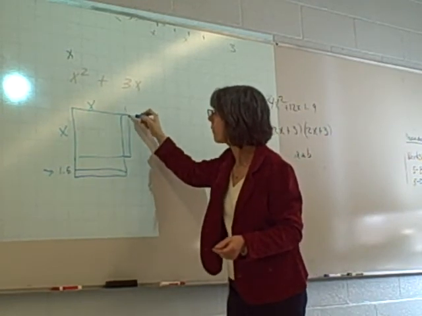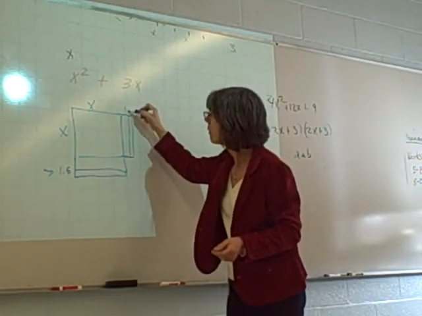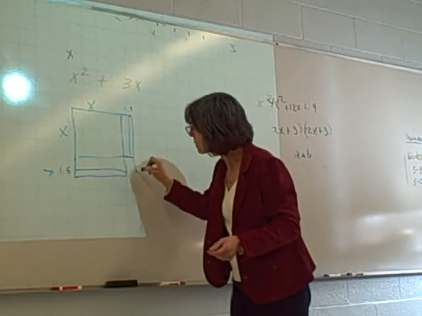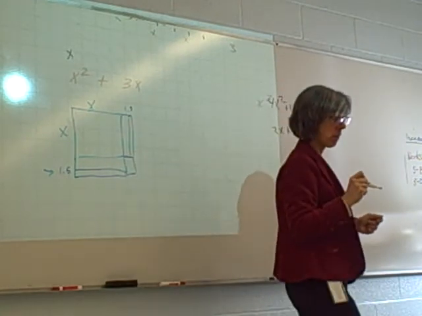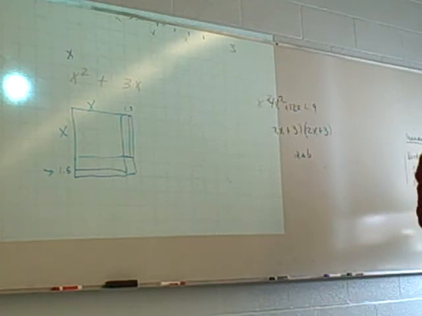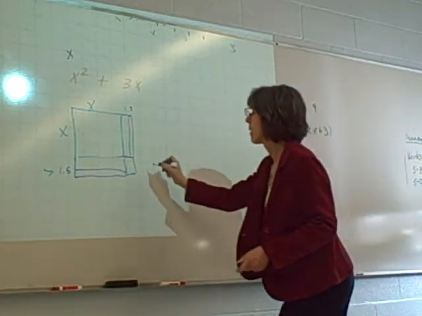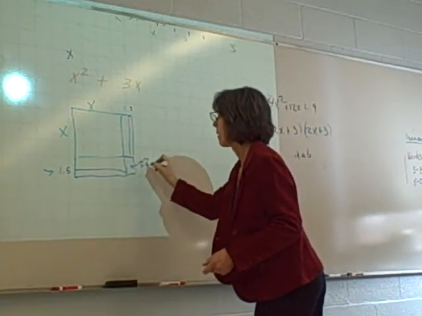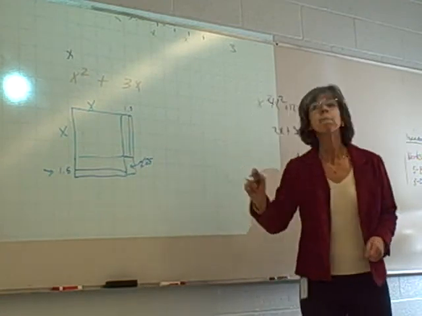A 1 and the 0.5. What's in this corner? 1.5 times 1.5, which is, oh, come on, what's 1.5 times 1.5? It'd be 2.25. But you're not adding 3.